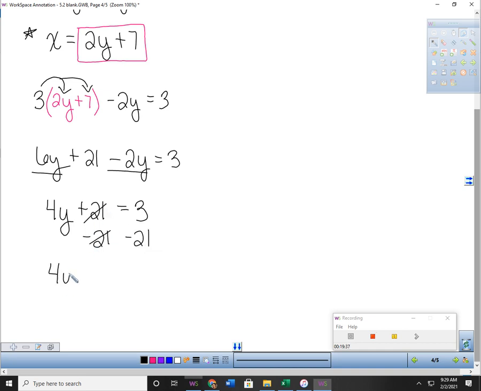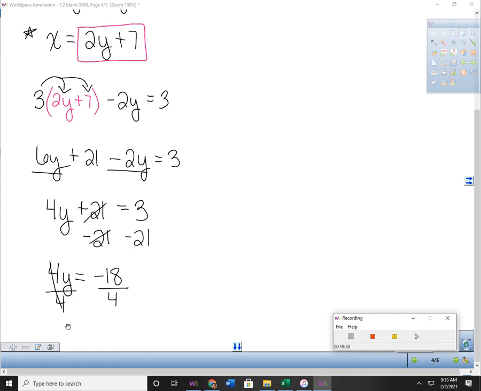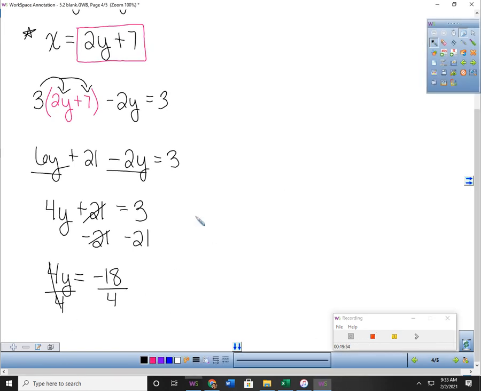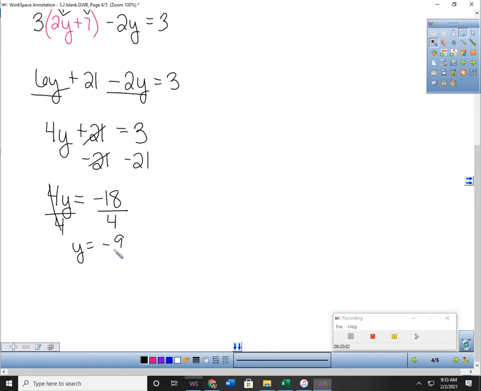So 4y is equal to negative 18. And then I'm going to divide by 4. So that gives me y is equal to negative 18 divided by 4, which is going to give you negative 9 over 2.